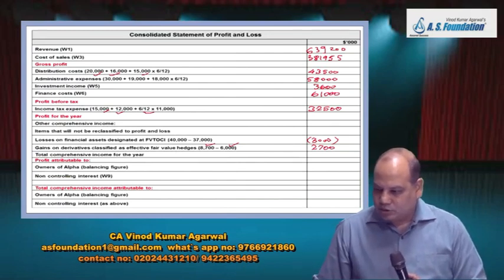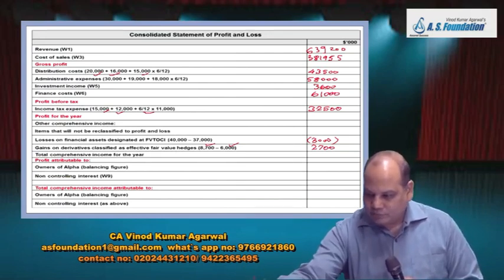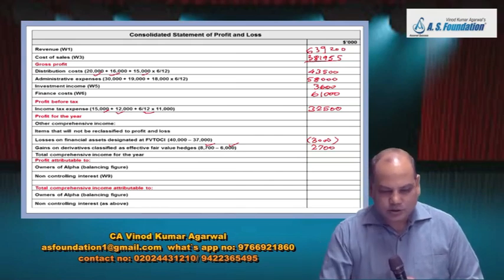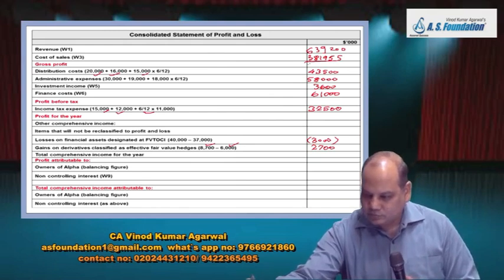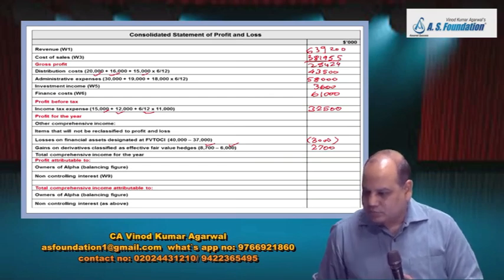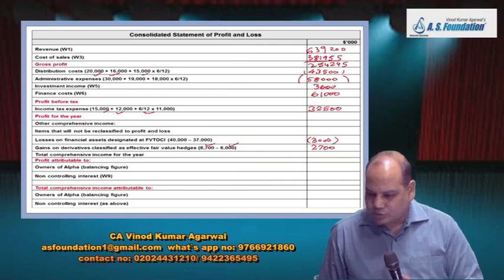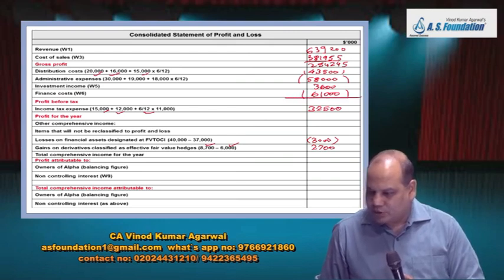Now tell me, what is gross profit in this problem? 257. 245. And what is the profit before tax? So distribution cost you put in bracket, administration cost you put in bracket, investment income plus this finance cost in bracket. So tell me now PBT.